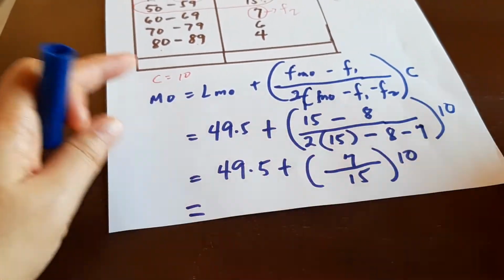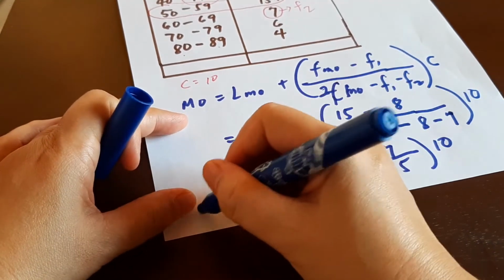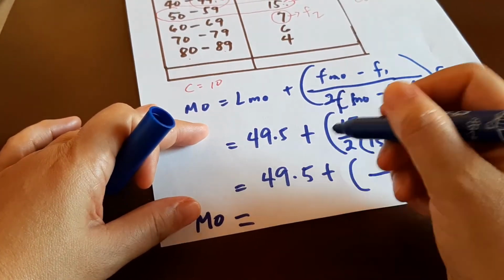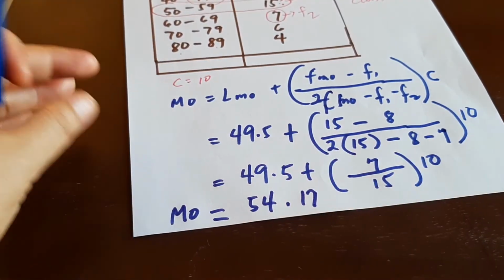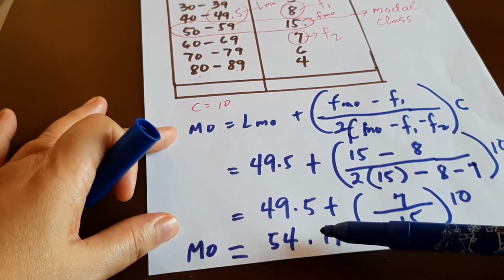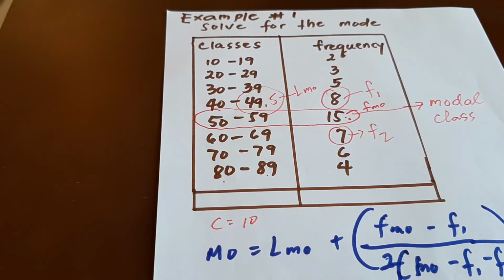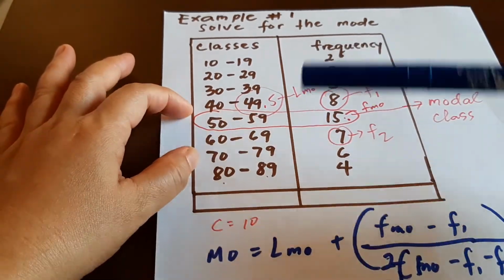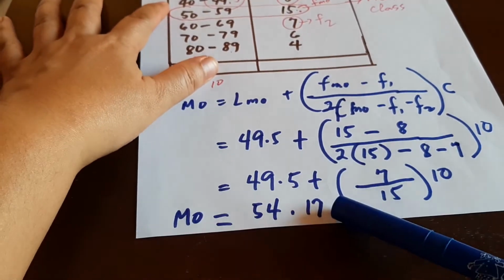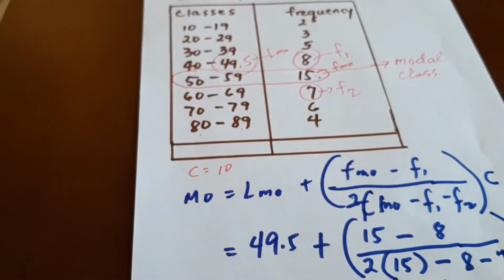So try to compute using your calculator and you will get your mode is approximately 54.17. So your mode is also here, like in your median a while ago, your answer is within your median class, and this time your answer 54.17 is also within your modal class.